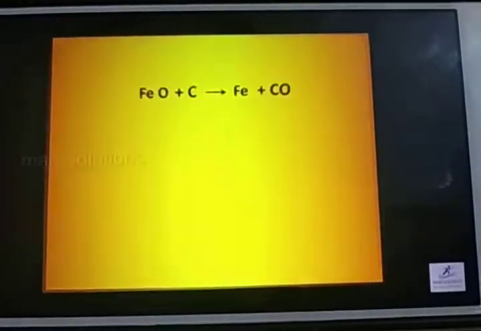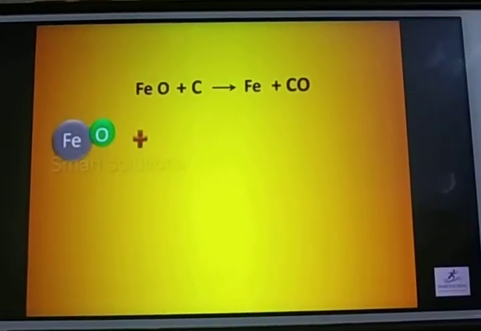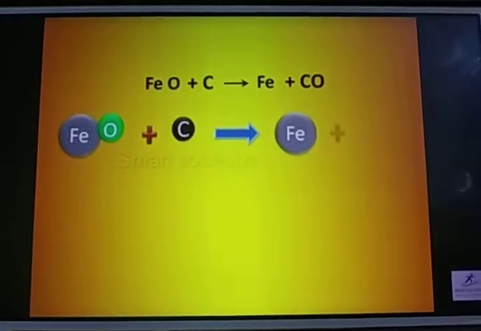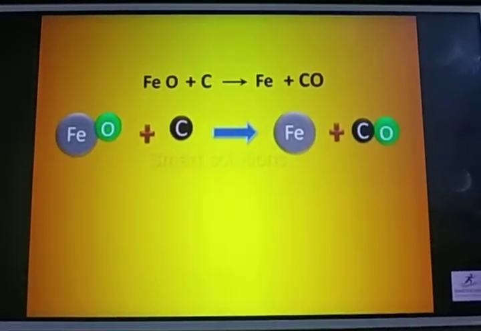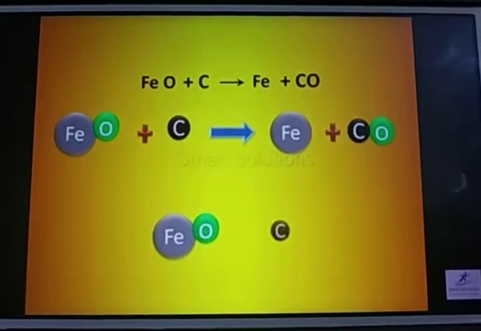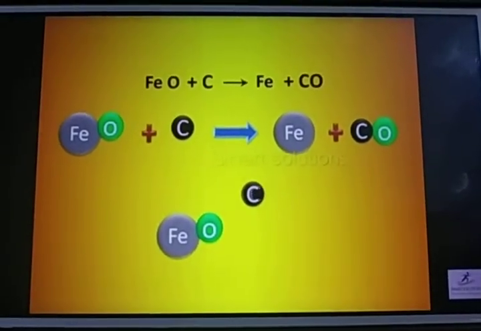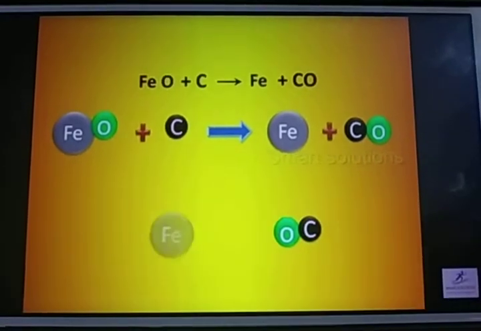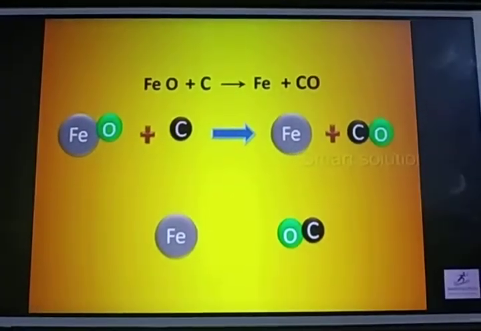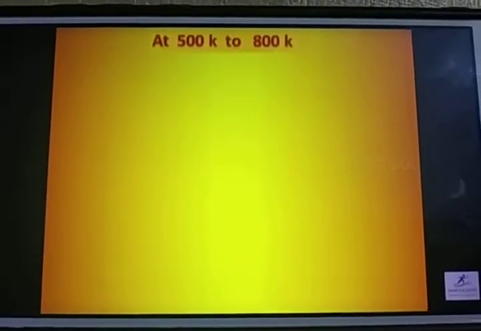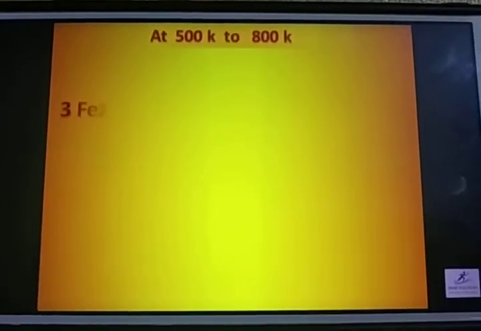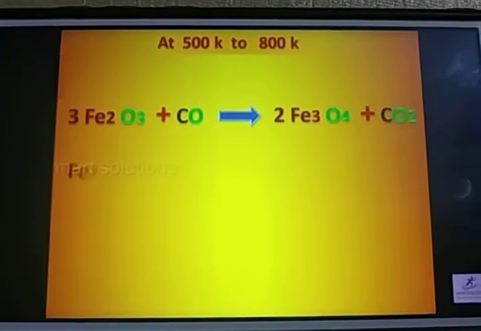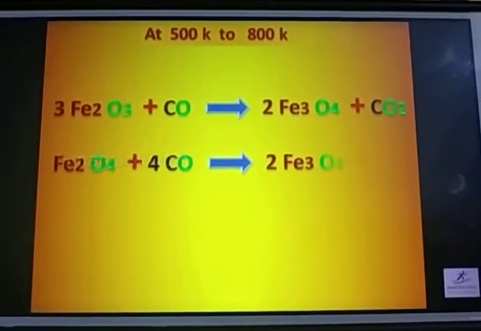Iron oxide combined with carbon produces iron and carbon monoxide. This is the main reduction in this process. At the lower temperature, iron oxides are reduced to its simpler form.